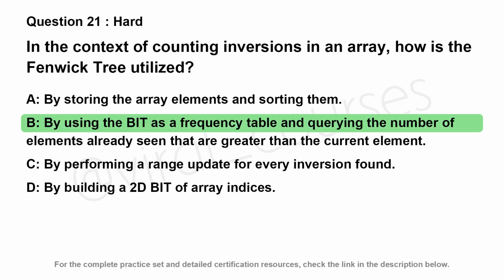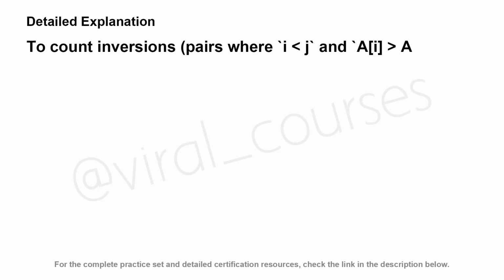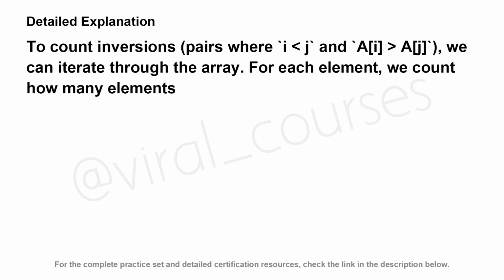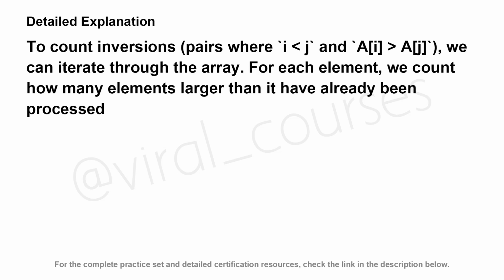The correct answer is B. To count inversions, pairs where i < j and a[i] > a[j], we can iterate through the array. For each element, we count how many elements larger than it have already been processed and added to the BIT.